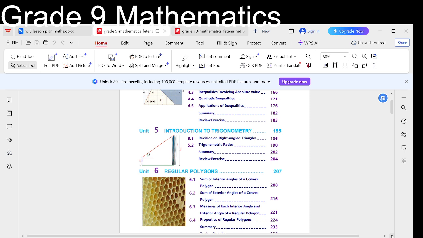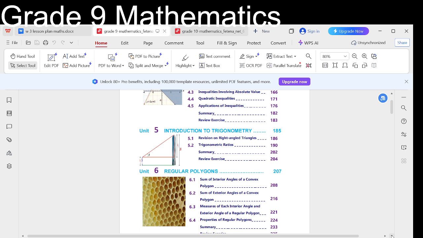And the other chapter under unit 6 is about regular polygons. We can describe a polygon as a closed flat 2D shape made up of straight line segments which are joined end to end. So polygons are specific types of geometrical figures, but not any figure.